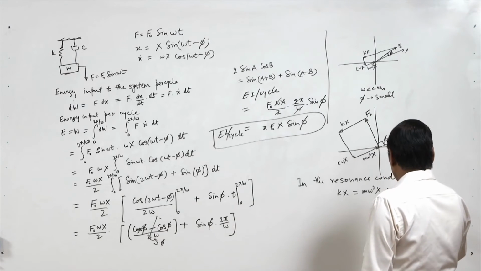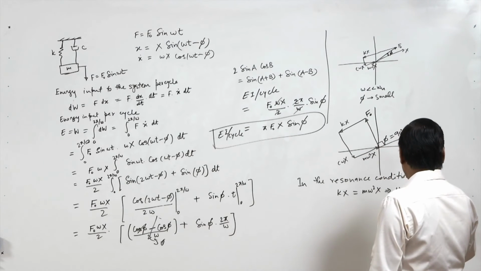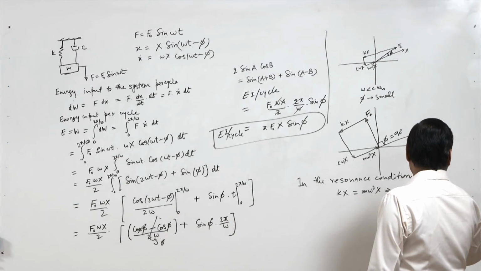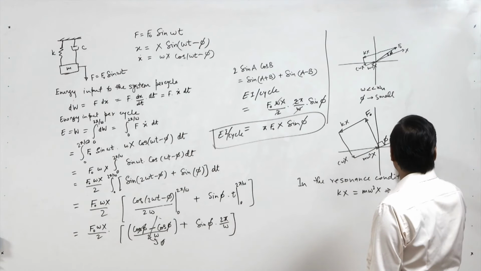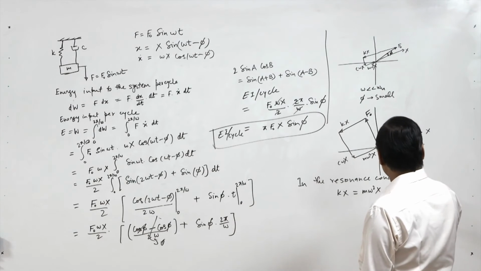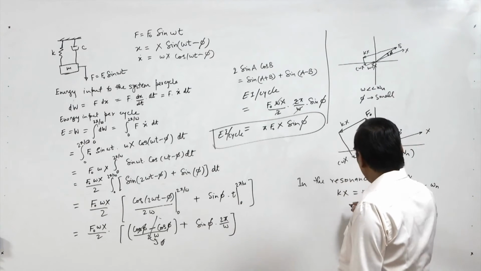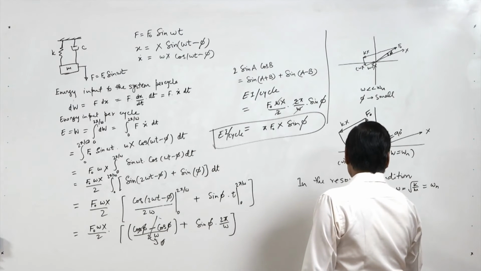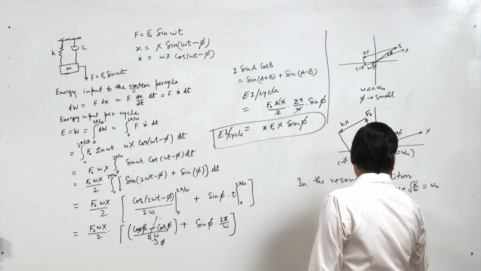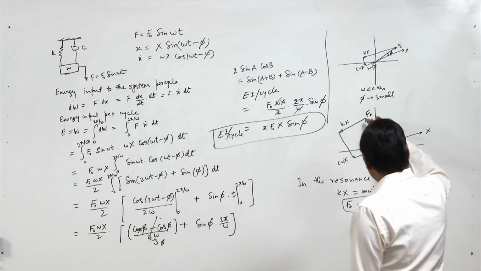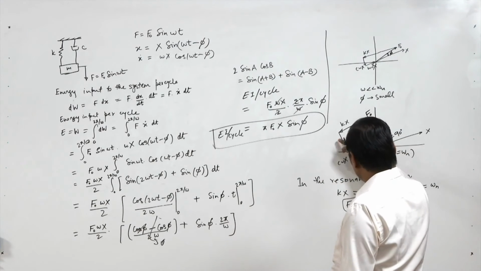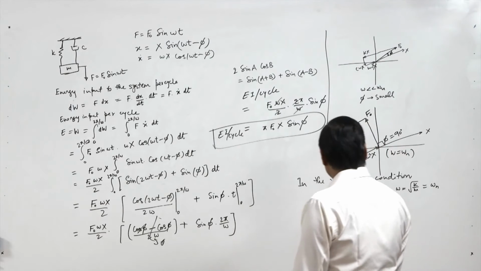This means that omega equal to root k by m, and that is nothing but omega n. This is the resonance condition, that is omega equal to omega n, so that is satisfied. Again F0 is equal to c omega x, which means the applied force is balanced by the damping force.